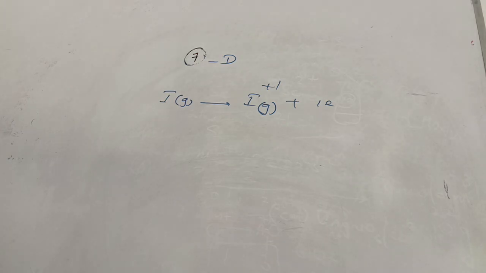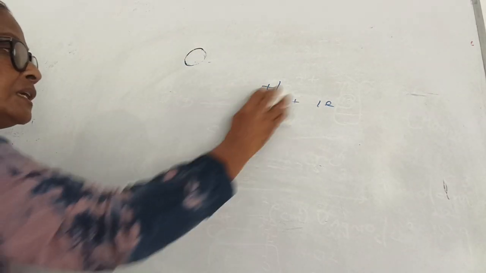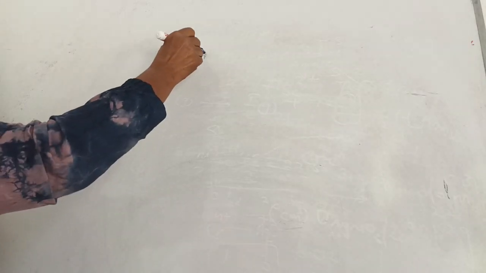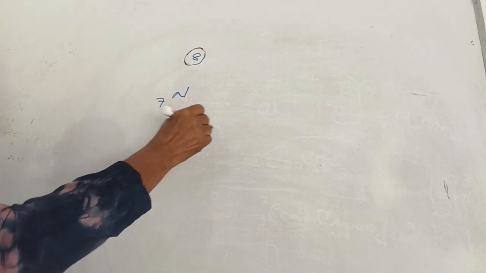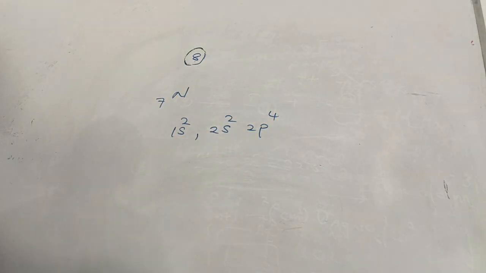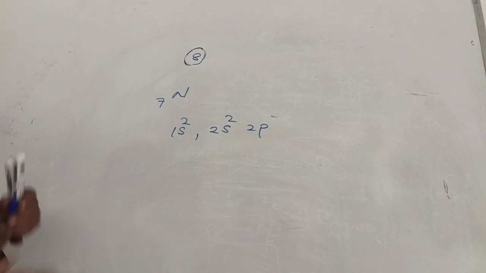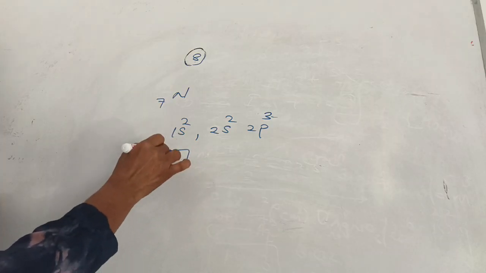Moving on to question number 8, which is asking for the electronic configuration of nitrogen. When you are asked about the electronic configuration of an element, the best approach is to write down the electronic configuration. Nitrogen is the 7th element, so it has to be 1s2, 2s2 and 2p3, which means the 1s box is completed and the 2s box is completed.